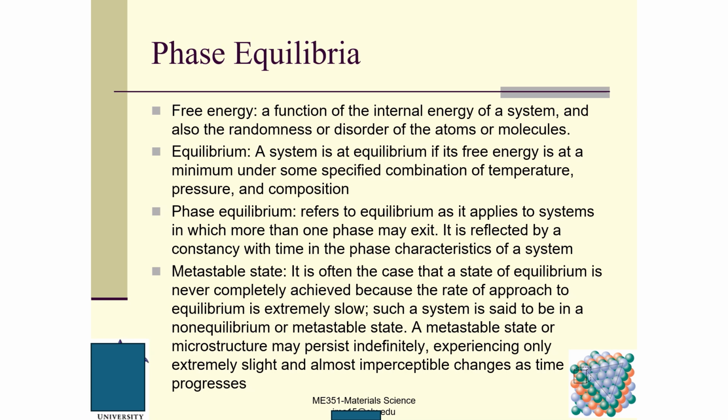It is often the case that a state of equilibrium is never completely achieved because the rate of approach to equilibrium is extremely slow, and such a system is said to be in a non-equilibrium or metastable state. A metastable state or microstructure may persist indefinitely, experiencing only extremely slight and almost imperceptible changes as time progresses.